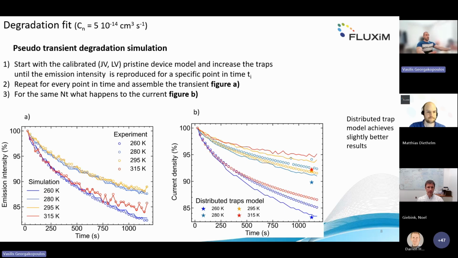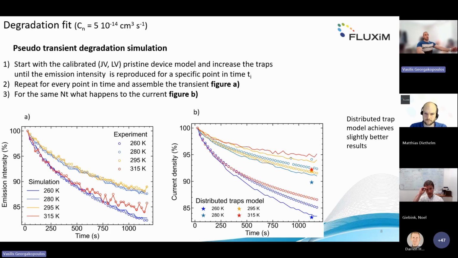And what we saw is that we can always fit the emission data because this is the target of the optimization. But for the current, we have some divergence, especially at higher temperatures. One of the reasons is that we always considered a uniform distribution of traps, but one can imagine that the formation of trap sites will not be uniform once molecules start to form traps, and the availability of molecules in certain places becomes rarer.